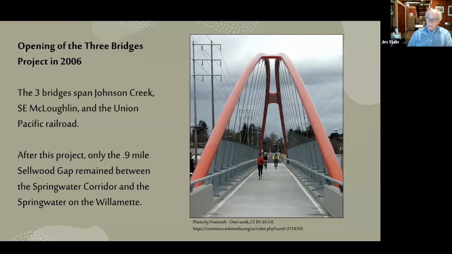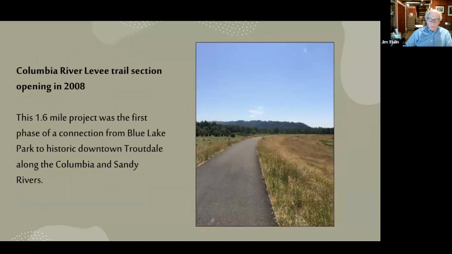This bridge would never support a railroad. It's not built to that capacity. So at any rate, this is what we have now, and it closed a big gap in the Springwater, although we're still 6 blocks short, and we can get into that later too. You can see that. Next slide.